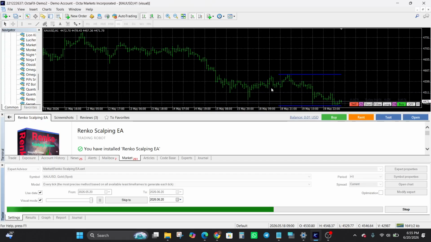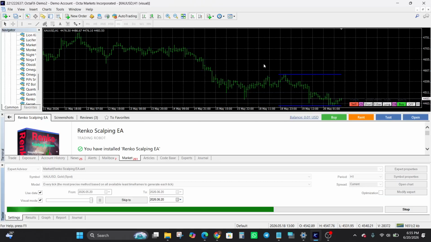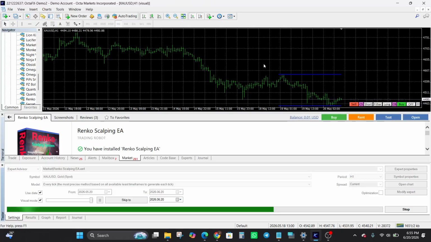Okay, so overall, the Renko Scalping EA for MT4 offers an automated approach based on mean Renko candles and moving averages, with a strong emphasis on chart clarity and identifying smaller market movements.